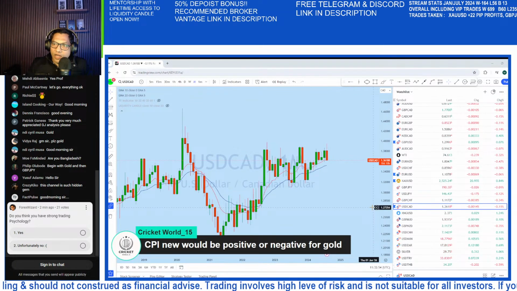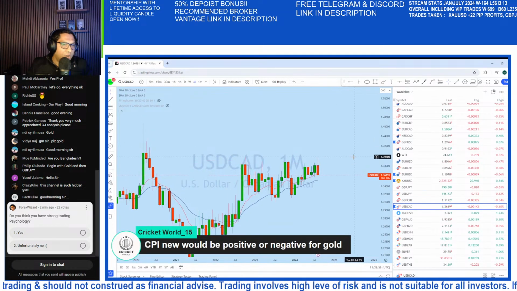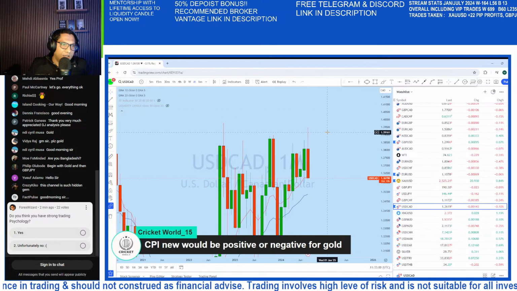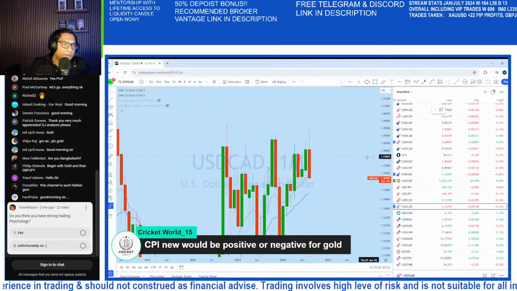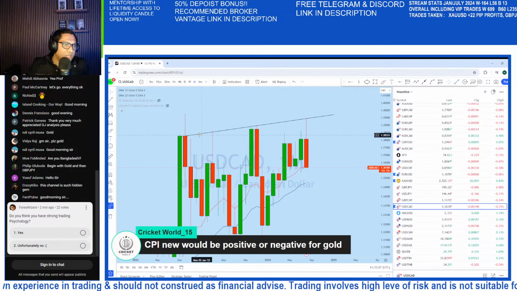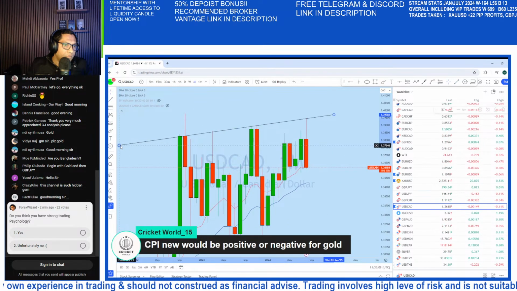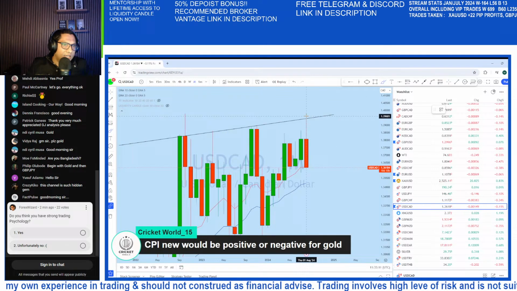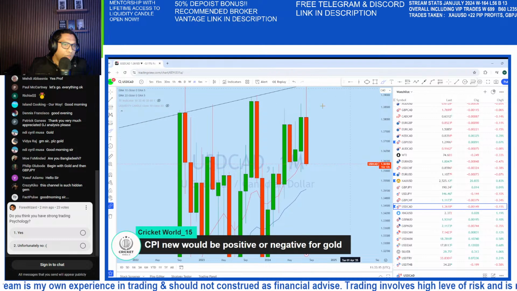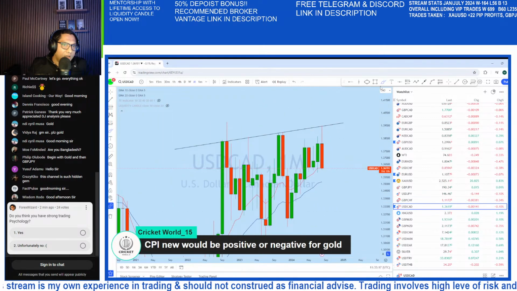So looking at the USDCAD monthly chart, we can see that USDCAD had a very strong rejection from the top. With this rejection the market is coming to the support level.